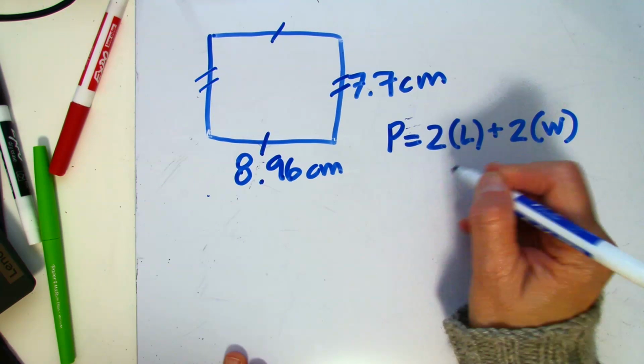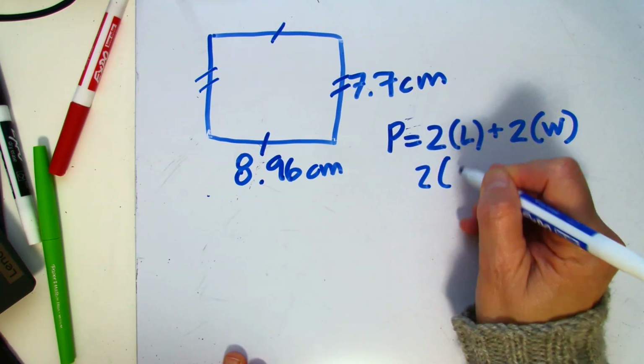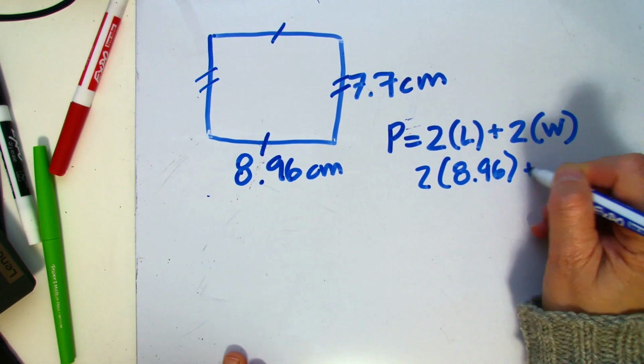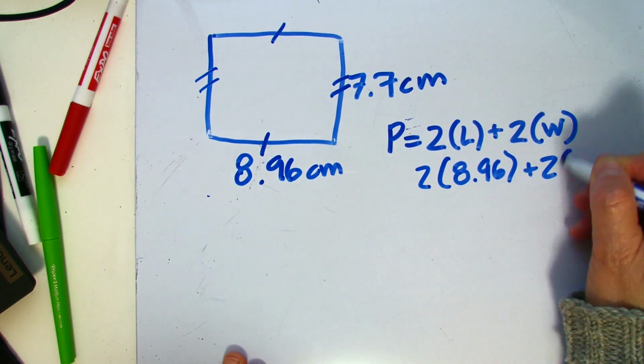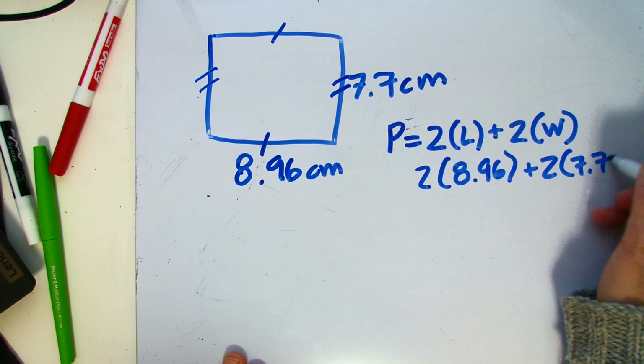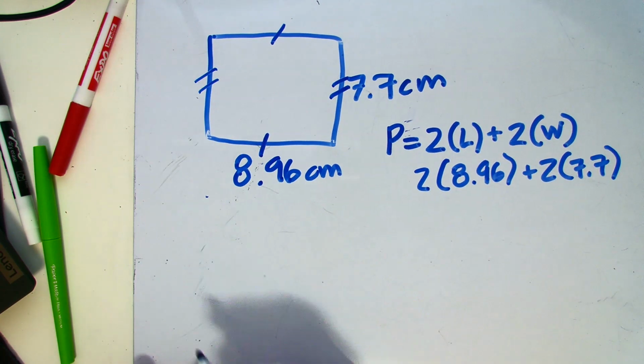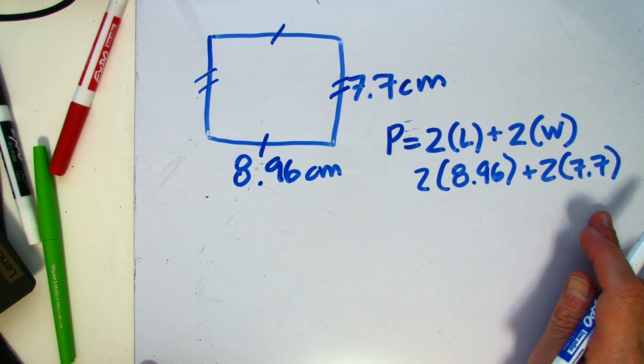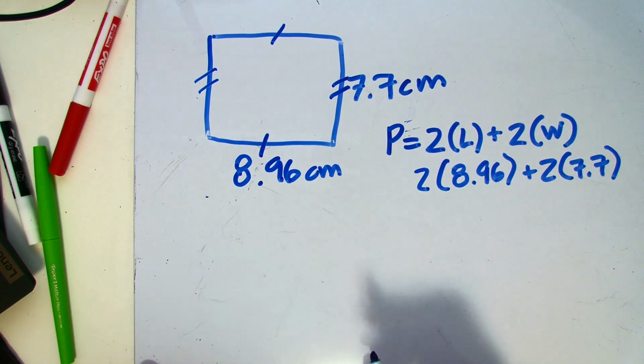2 times 8.96 plus 2 times 7 7/10. I need to do a little math on the side to figure out these multiplication problems, and then I can add the products to get my total perimeter.